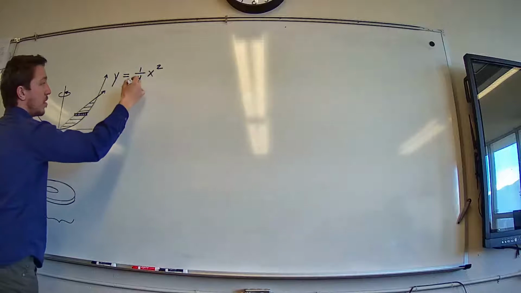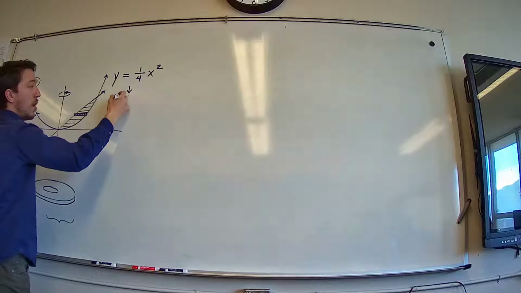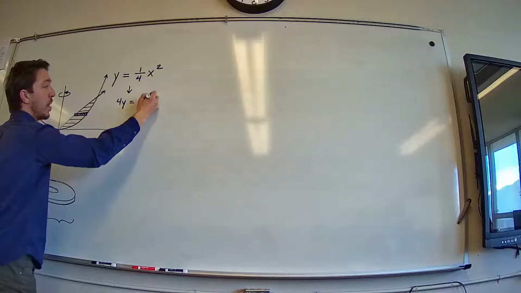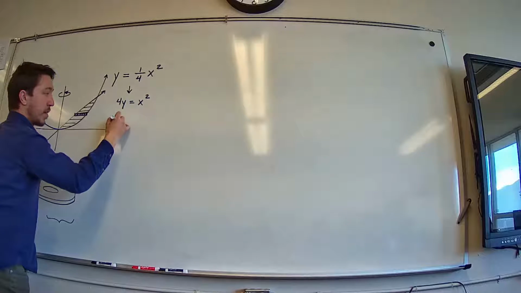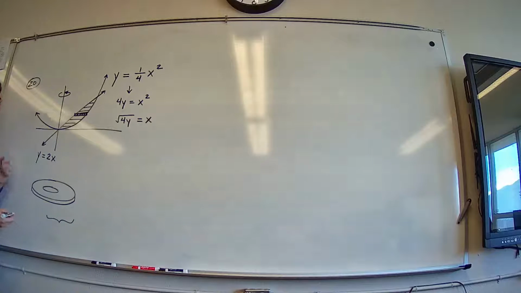So I've got to rewrite this as, first, 4y equals x squared. And so I get the square root of 4y. Do we feel okay about that? Yeah.